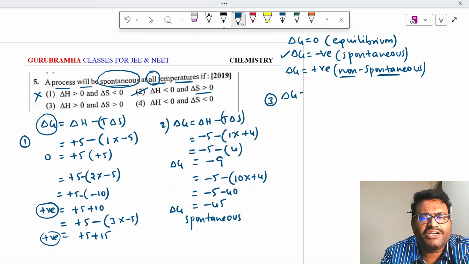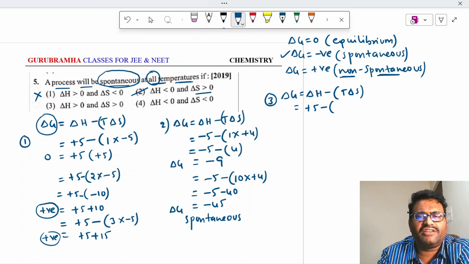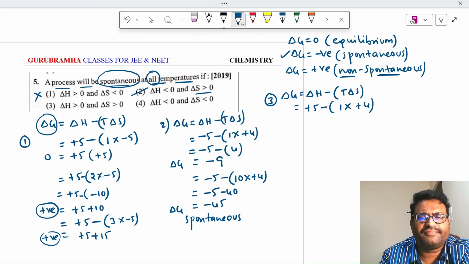So delta G is equal to delta H minus T delta S, right? That is equal to delta H greater than 0. Let us take it as plus 5. Delta S is also greater than 0. 1 into plus 4, let us take. So plus 5 minus 4, that is equal to plus 1. So delta G is plus 1.